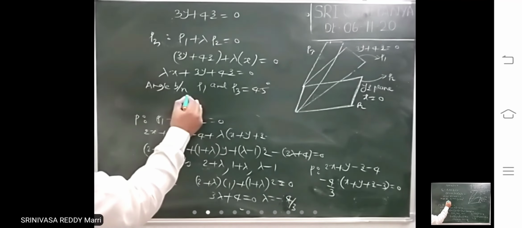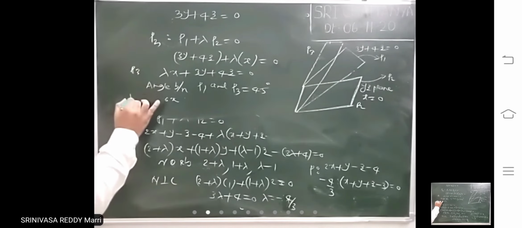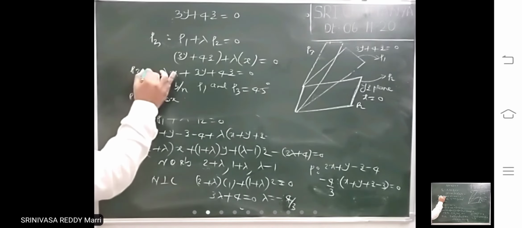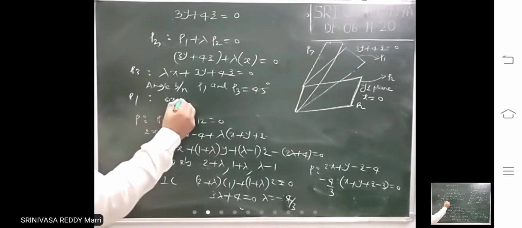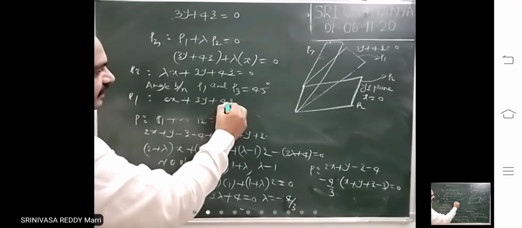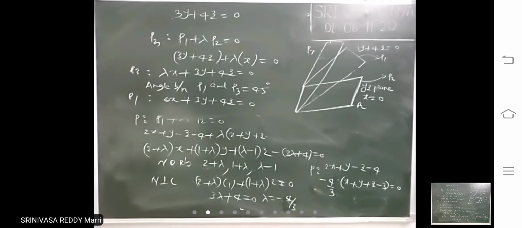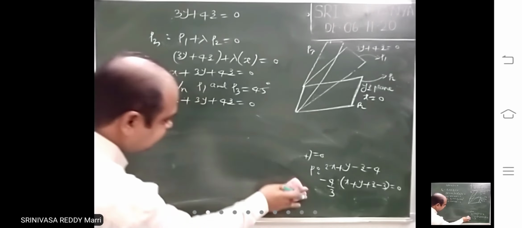That means P1 is what? 0x plus 3y plus 4z equal to 0, and this is P3. The angle between these two planes formula is what?